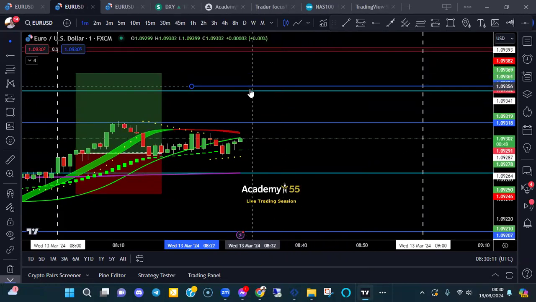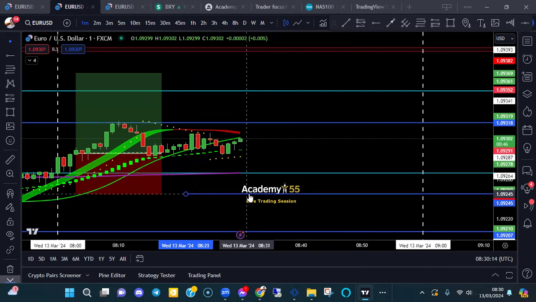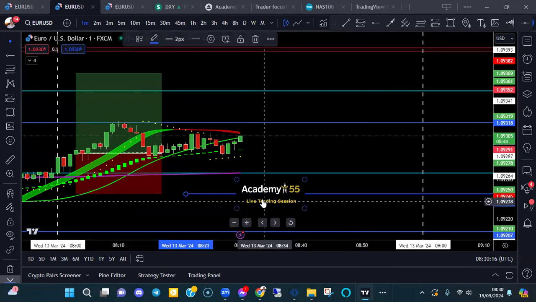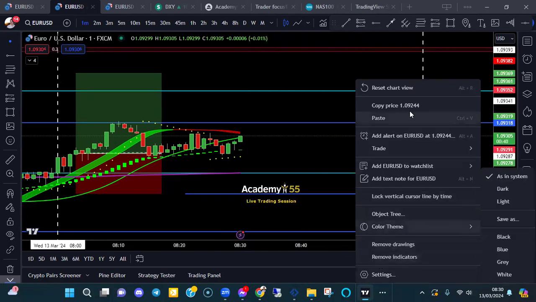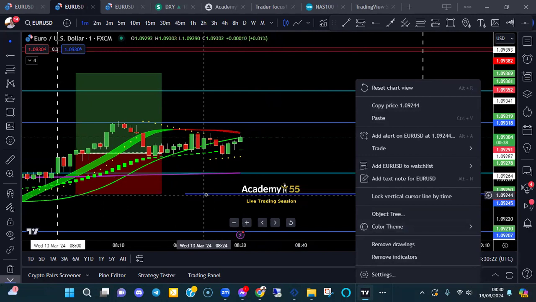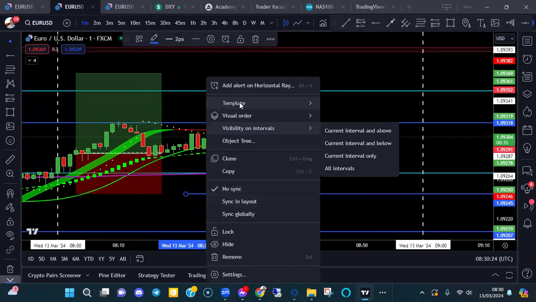Another way is if you drag it down there, and again right click. Sorry to do that again. Right click, add alert.